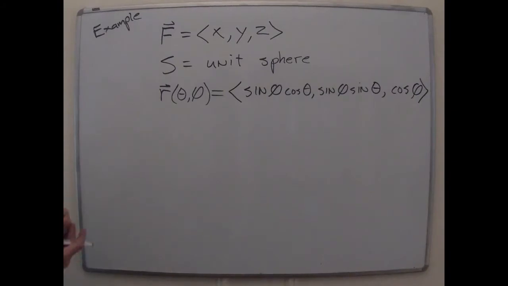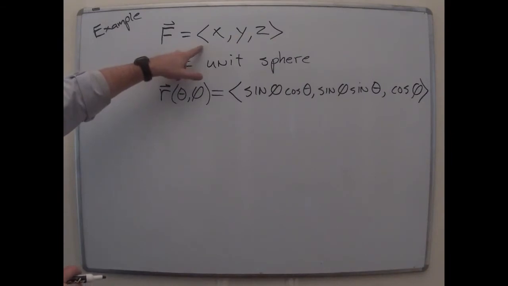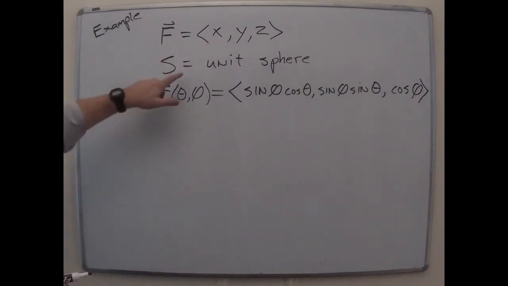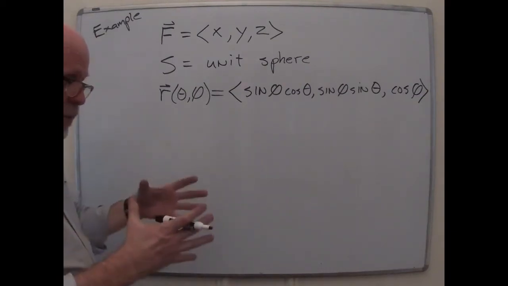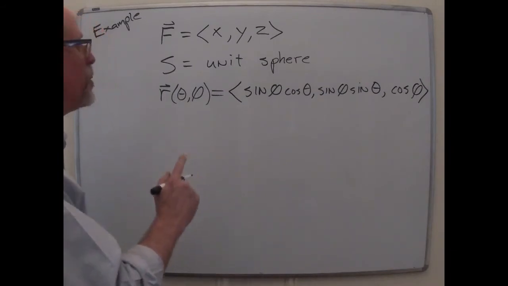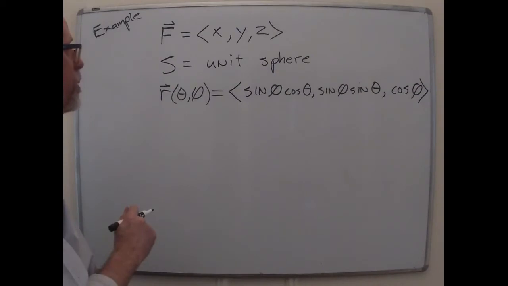All right, so I thought I'd run just an example of this. This is a fairly simple one. The vector field I'm going to look at is the radial vector field, where we've used it a few times. One that looks kind of like an explosion. And S is the unit sphere, so the three-dimensional volume, of course, is the ball, the stuff inside the unit sphere. But the surface integral we'll do is on the surface, so that's the R vectors in spherical coordinates where the rho is 1.